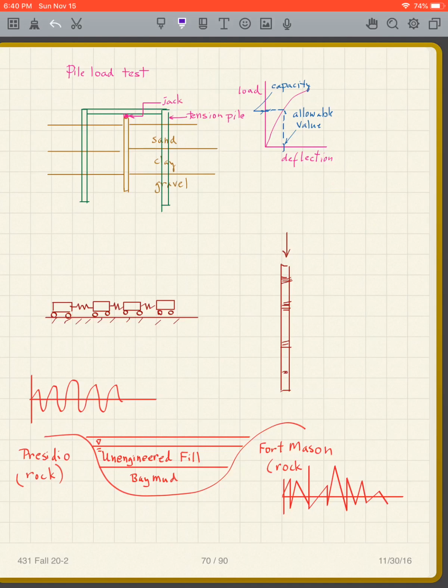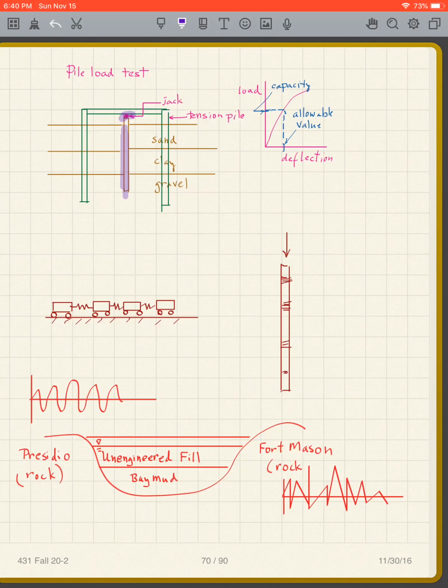Why? Because what we're going to do is we've got our pile in the ground. We put a jack between the test pile, so this is the test pile, that's what we want to find out, the capacity of that pile, and the frame. And we're going to pressurize this, and it's going to do 2 things.